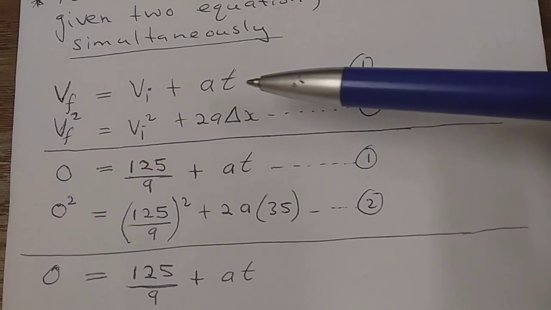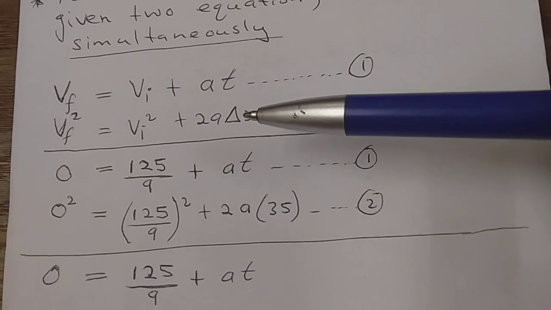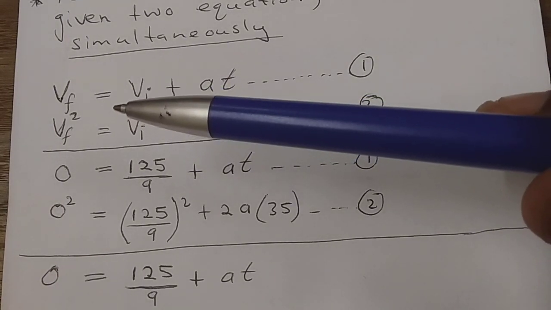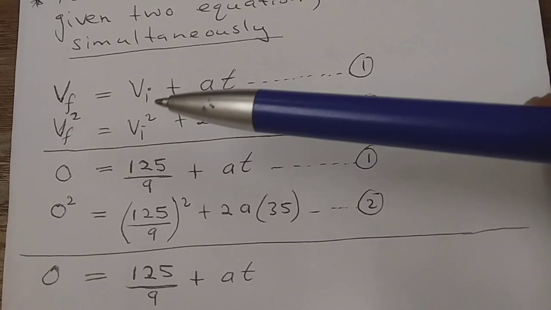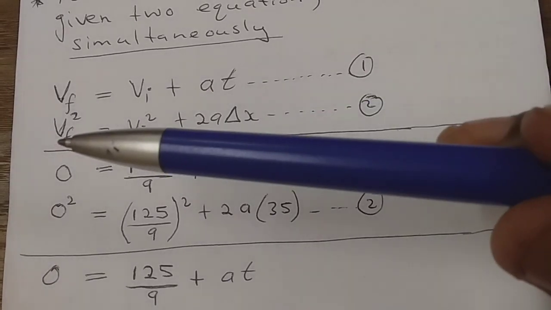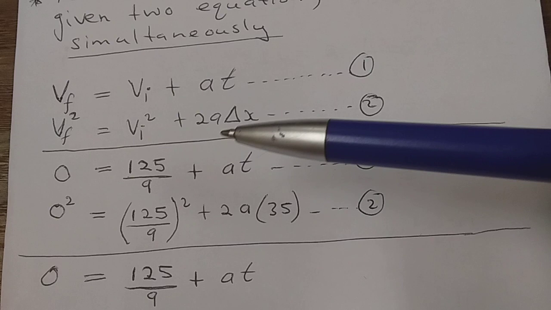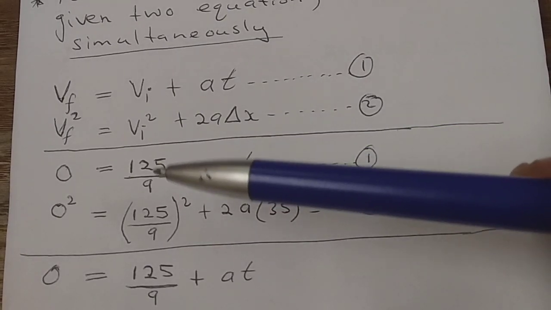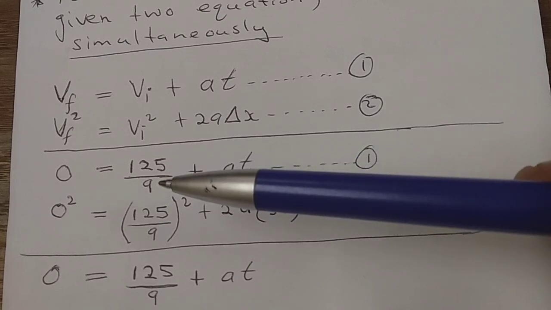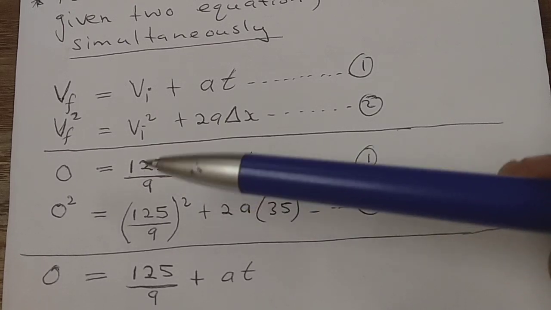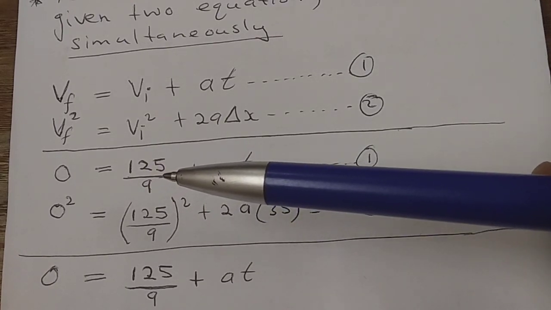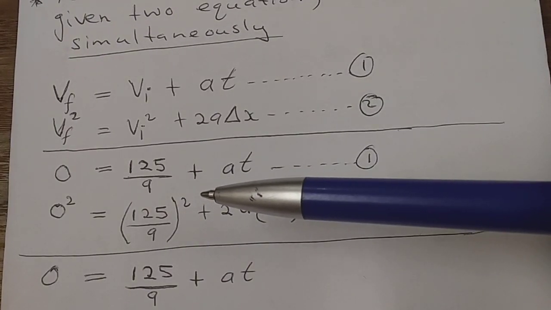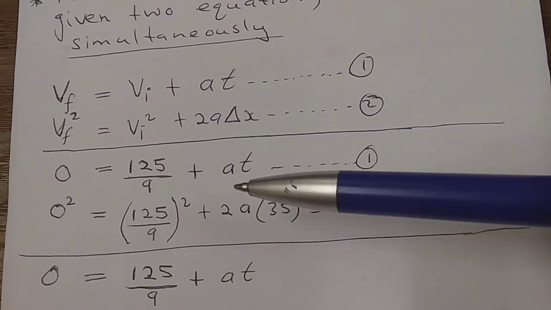Now we are going to explain how we do it. We have two equations of motion, equation 1 and equation 2, and we are going to substitute the values. vf is equal to vi plus at, and vf squared is equal to vi squared plus 2a change in x. This is the v initial as a fraction. If you want, you can convert it to a decimal, but I did it this way to avoid rounding off. I will just round off on the final answer.